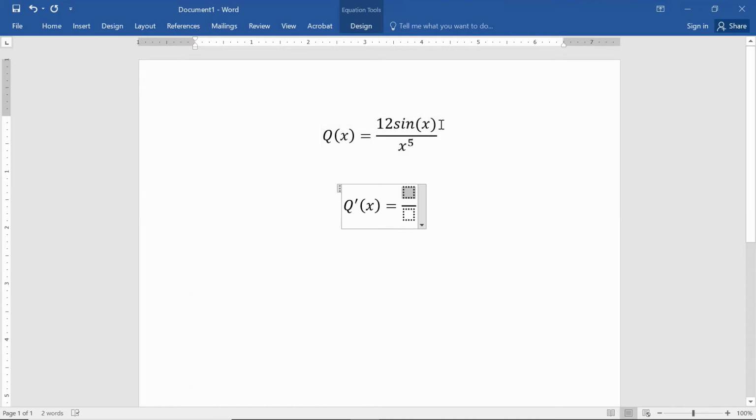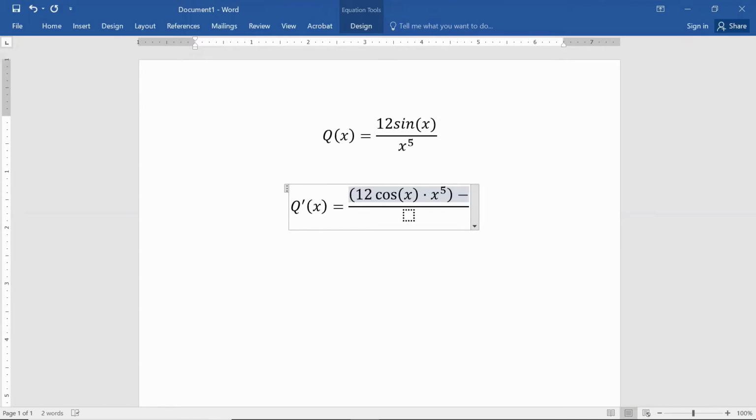On the top of that fraction, I'm going to have the derivative of the numerator, so that's 12 cosine of x, times the normal denominator, x to the 5th, minus the normal numerator times the derivative of the denominator.